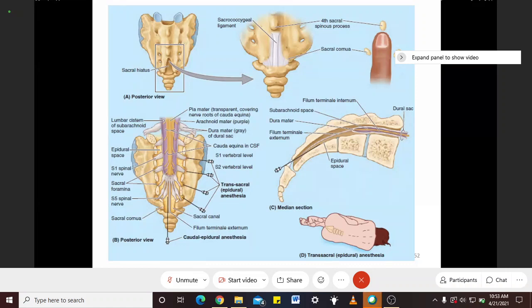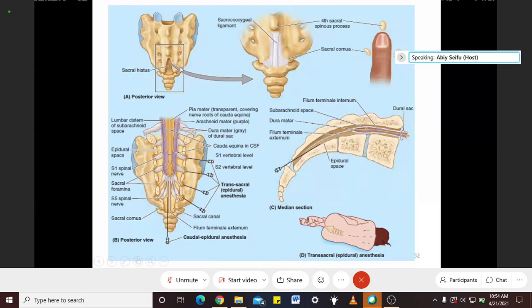Look at this one. This one is the sacral hiatus, which is formed by the non-fused parts of the laminae of S5 mostly, and sometimes the fourth one may also be included, and it is located by the index finger.